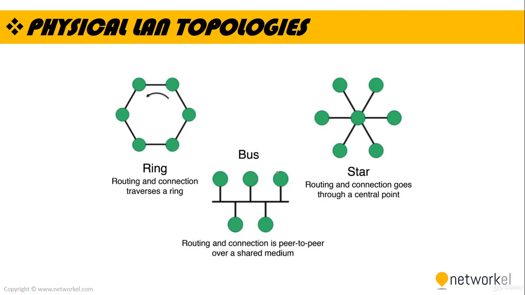We have three types of physical local area network topologies, and they are ring, bus, and star. In the ring network topology, the workstations are connected in a closed loop configuration, as you can see here. Other pairs of the workstations are indirectly connected, the data passing through one or more intermediate nodes.